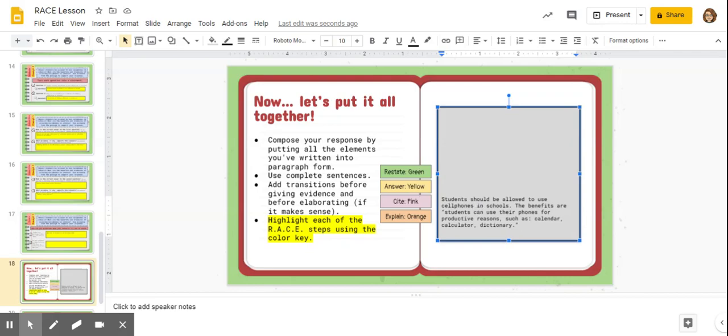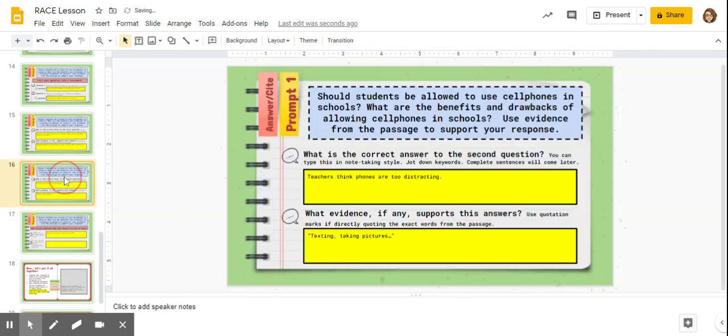All right, so we've done restate. We've answered it because we said, yes, they should be. And then we cited some evidence, right? This is a quote from the actual article. And then now we're going to explain, why do we think they should be? We have to explain this information. Do you remember we said that? Where is it?